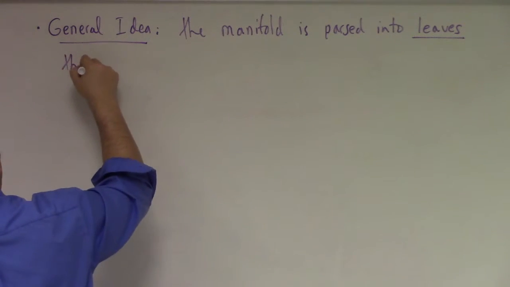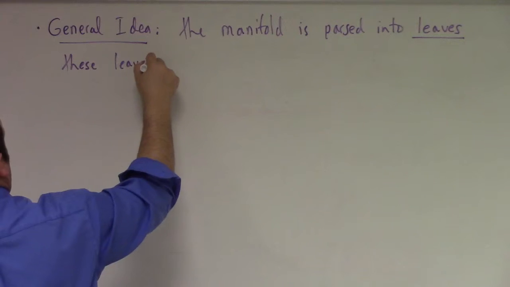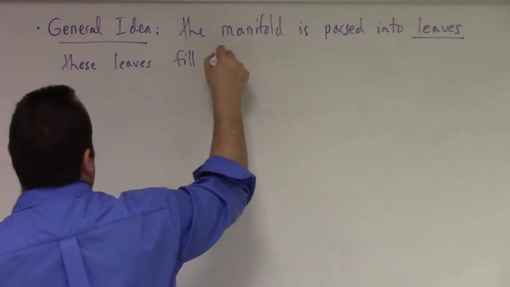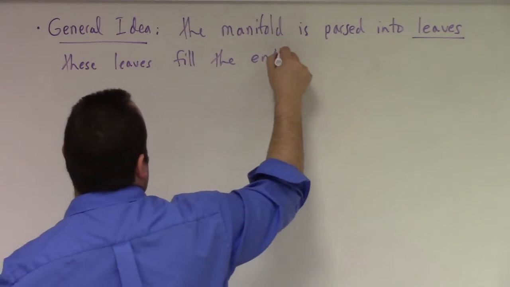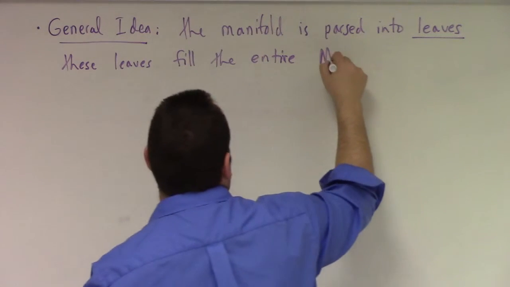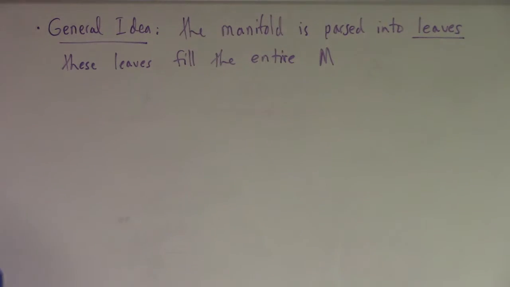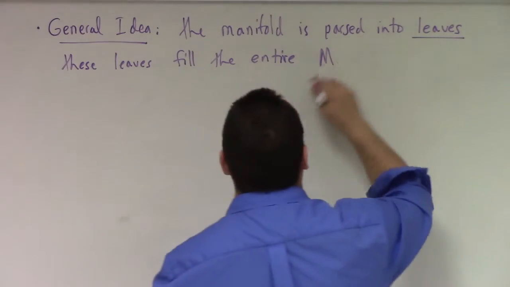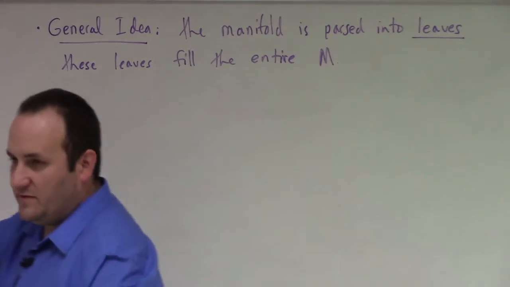These leaves fill the entire space, the entire manifold M, all right? And it can be rather complicated the way they fit together. But this is an elementary notion of a foliation.